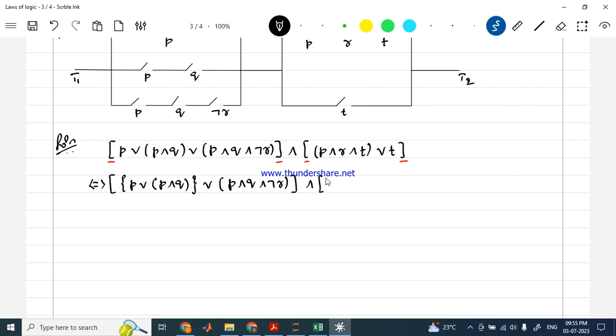Here once again, I can use associative law to rewrite this one as P conjunction R conjunction T. When I am using associative law, I am preparing the problem for the next step which I am supposed to use.